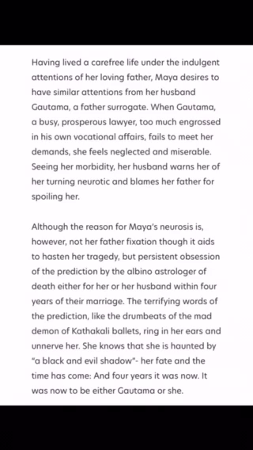So because now the 4 years of the marriage have been completed, she thinks it is now the time for either Gautama or her to die. So we have seen that the heroine, the protagonist, Maya, is all lost in her own thoughts.